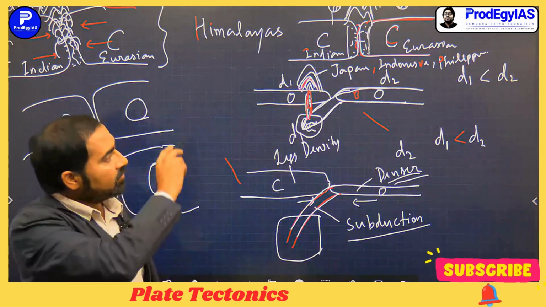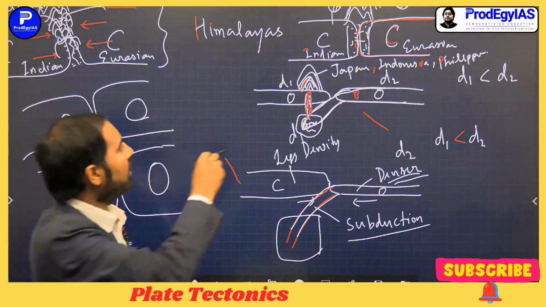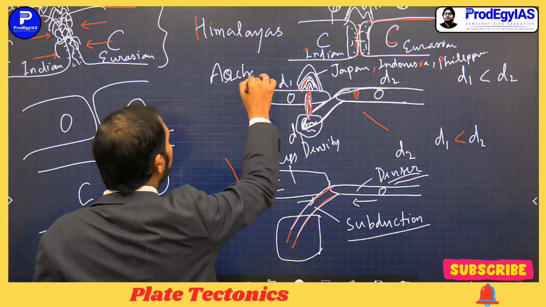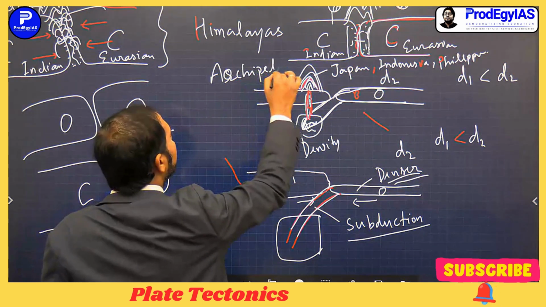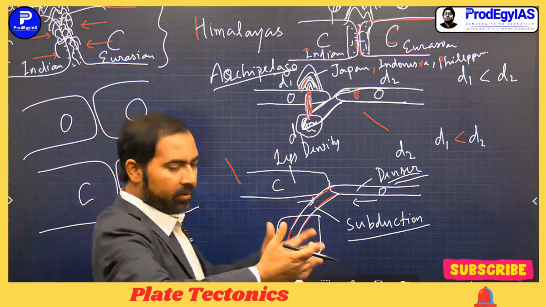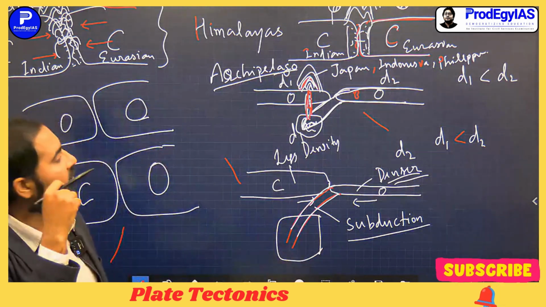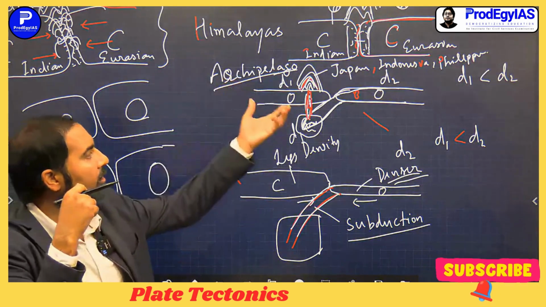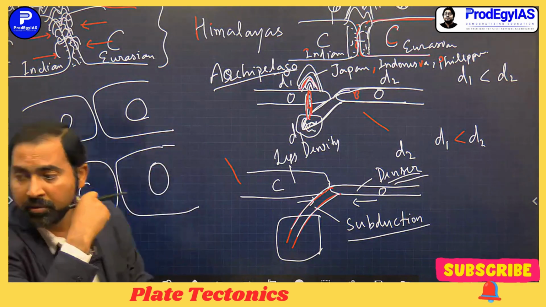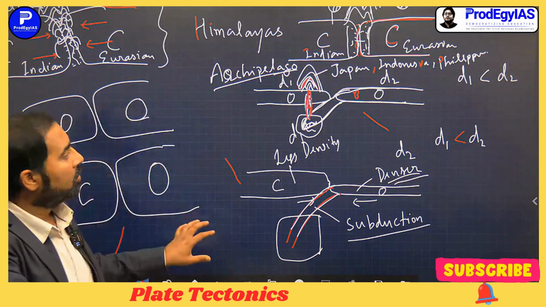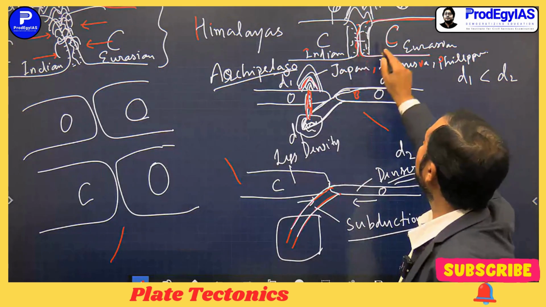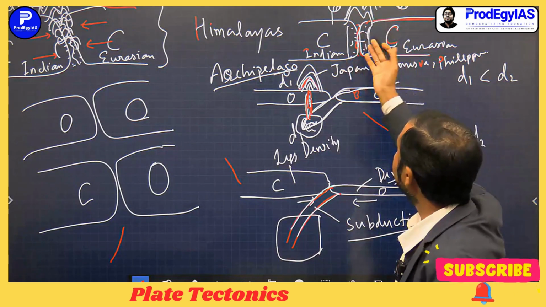All these islands are known as archipelago. Archipelago, or what? They are a group of islands. They are archipelagos of Japan, Indonesia, Philippines. They are the result of oceanic and oceanic type of collision. Here, though there is collision, there is no subduction.